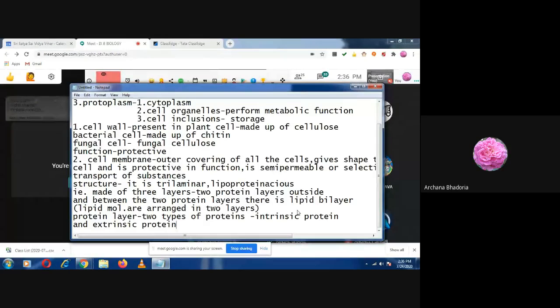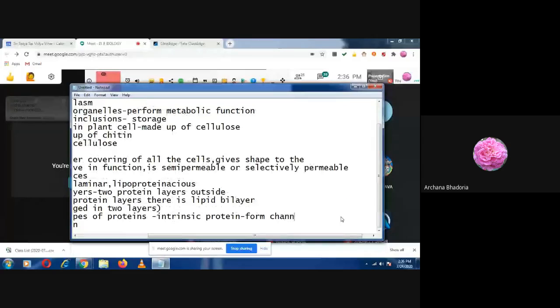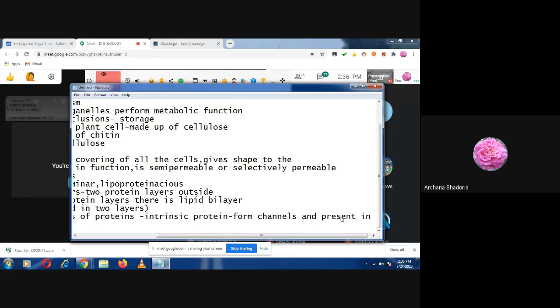So intrinsic you can write down, they form channels and are present in lipid layer.